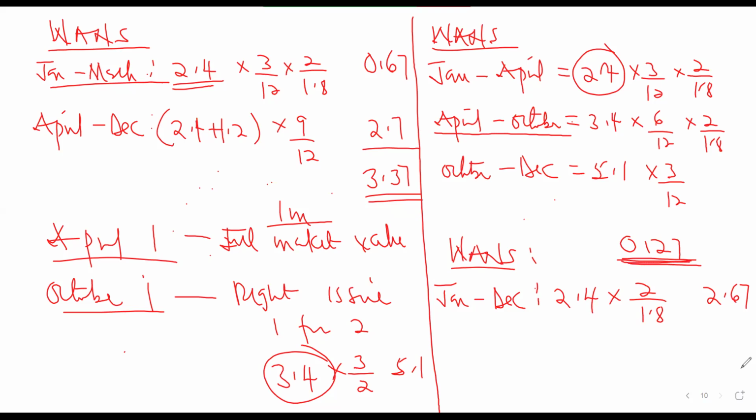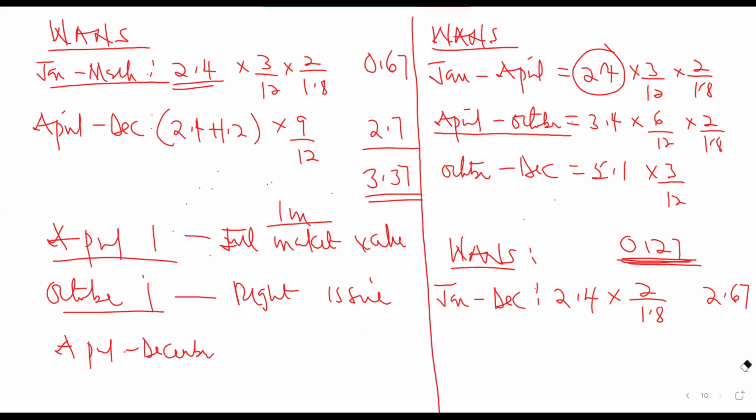Let's count April to December. You do your calculation for April to December. That will be for 9 months. So you do your 1 million shares multiplied by 9/12 multiplied by 2/1.8.